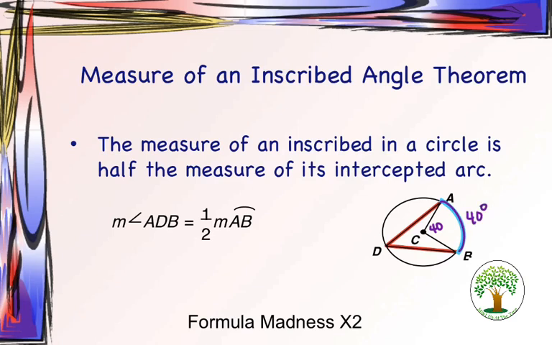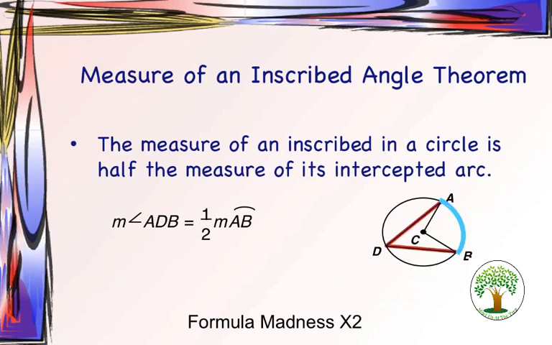Well, if this intercepted arc was 40, and then you have an inscribed angle, not a central angle, that would be half that intercepted arc. So this would be 20 degrees. That's what this says here.